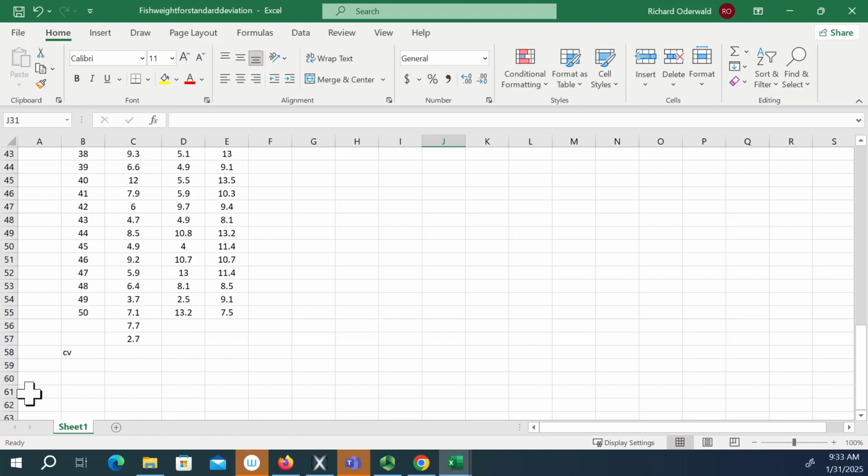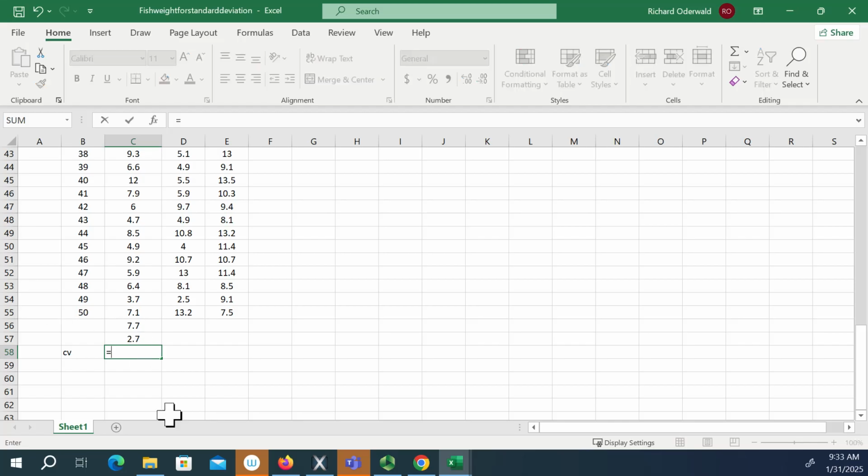Another thing you can do is look at the relation between the standard deviation and the average. And this is purely how big is the standard deviation compared to the average. And to get this, you divide standard deviation by the average.